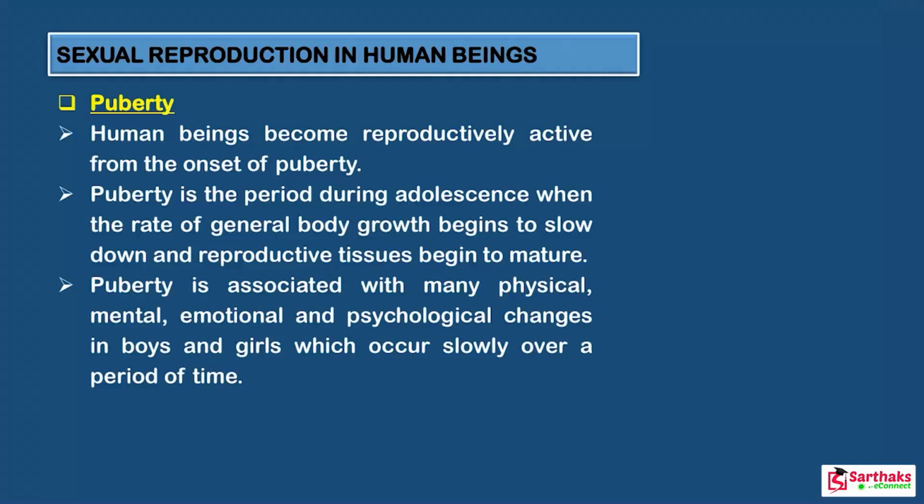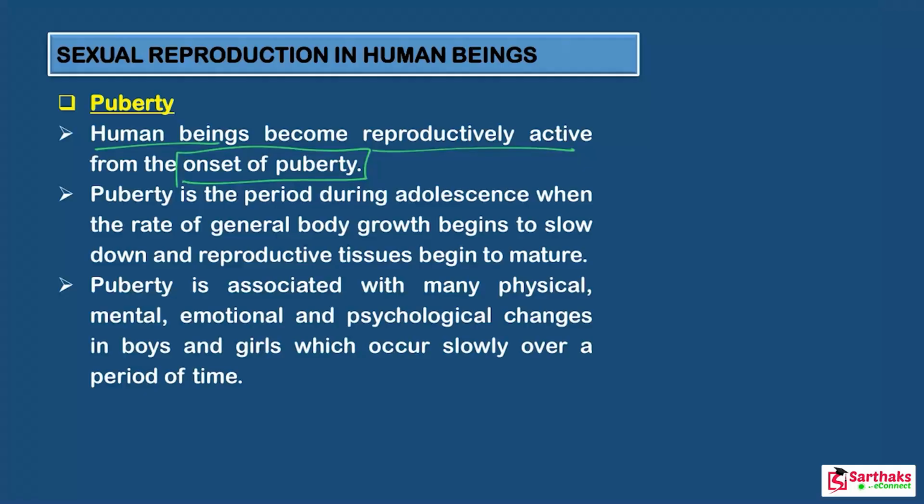So what is puberty? Human beings become reproductively active from the onset of puberty. So the boys and girls become sexually mature, their reproductive system starts functioning, and this age is known as the puberty age.